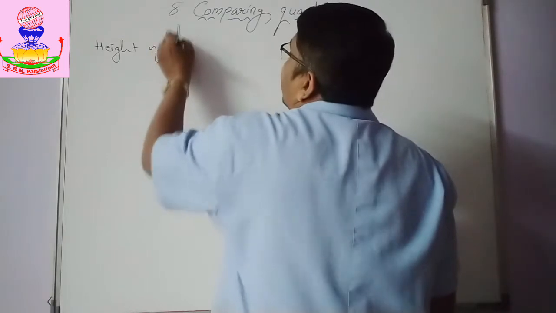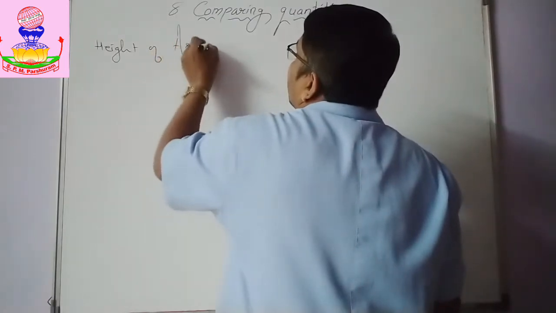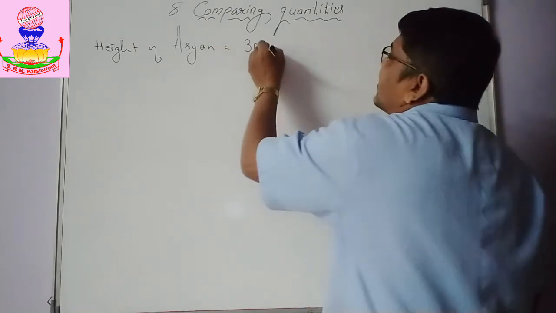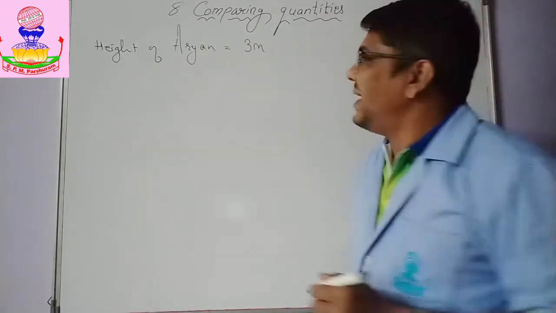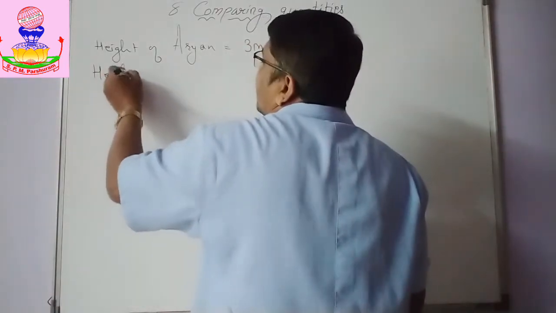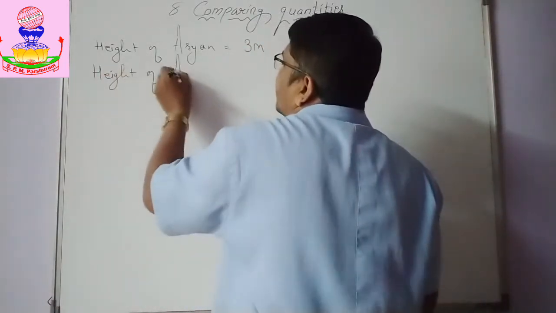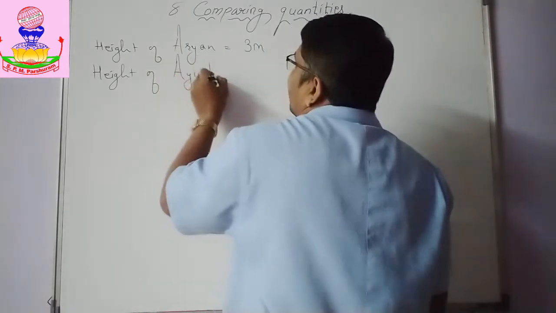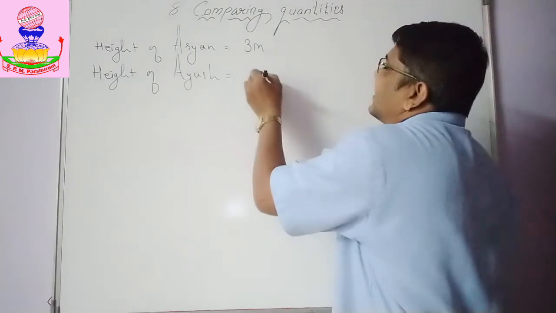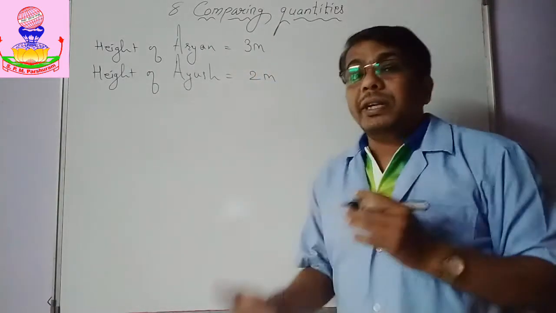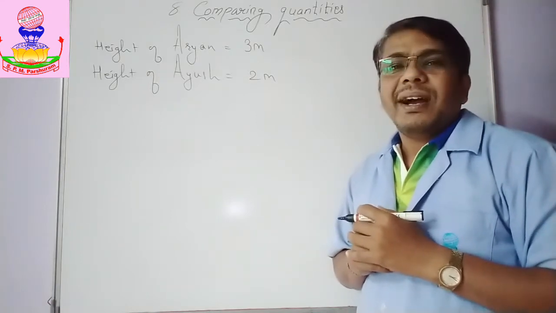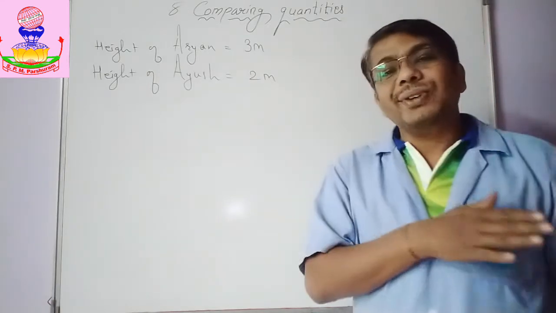Okay. Now, for example, as I have said, height of Aryan, suppose here it is 3 meters. Okay, and height of Ayush is 2 meters. So what is the ratio of heights of Aryan to Ayush?